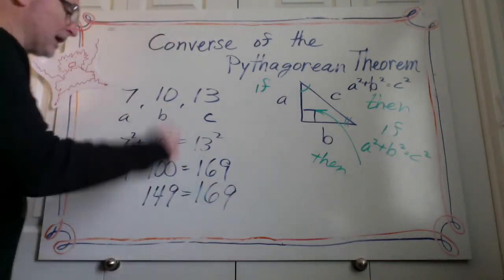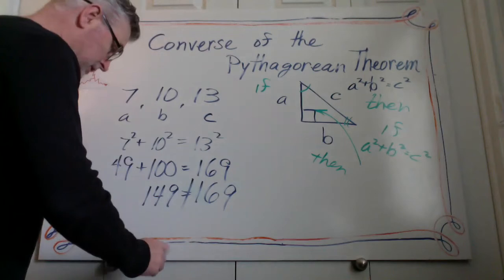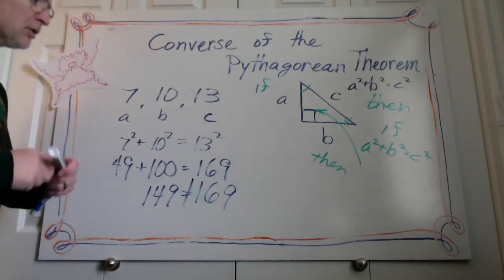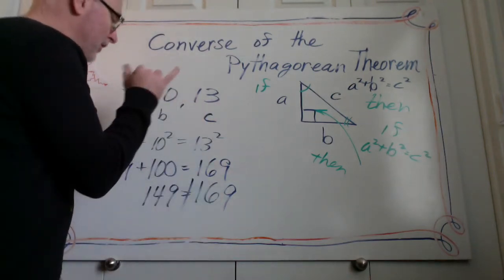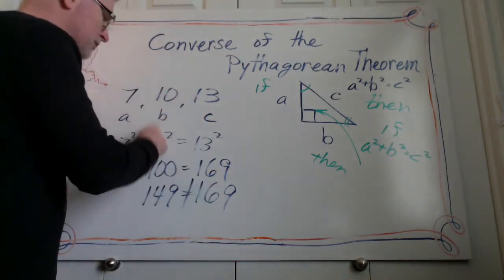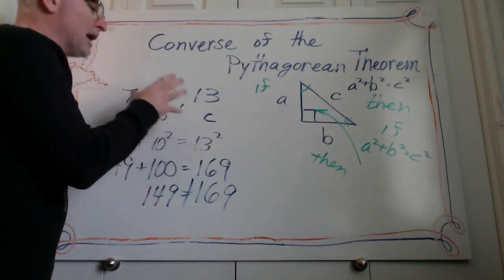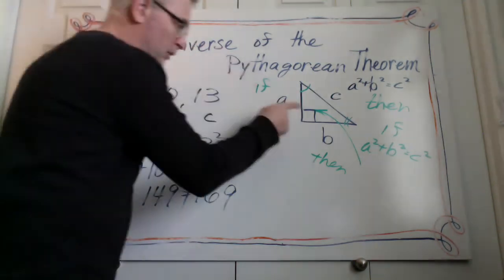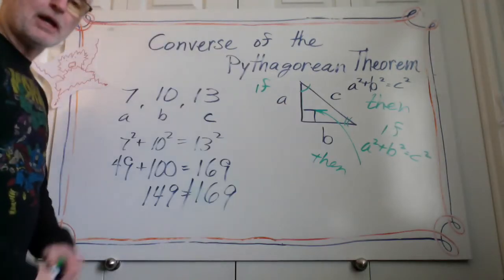When does 149 equal 169? They don't. So this is never true. Since this is never true, a squared plus b squared equals c squared isn't true. And if this isn't true, we do not have a right triangle.